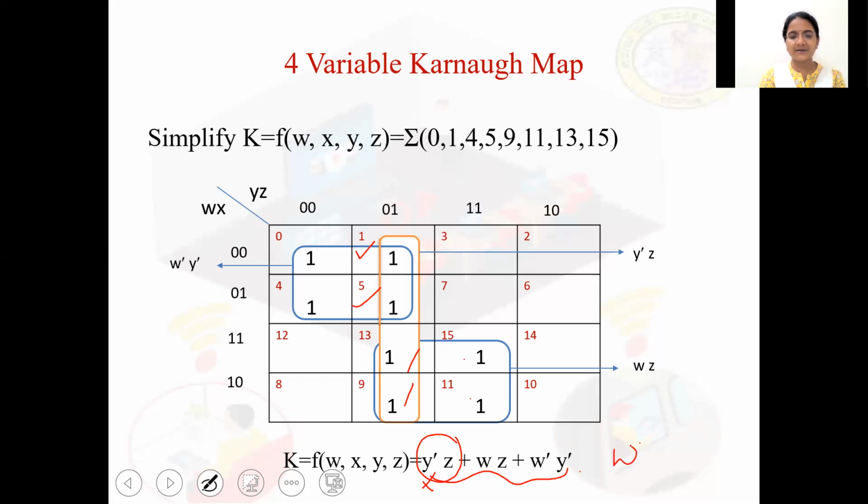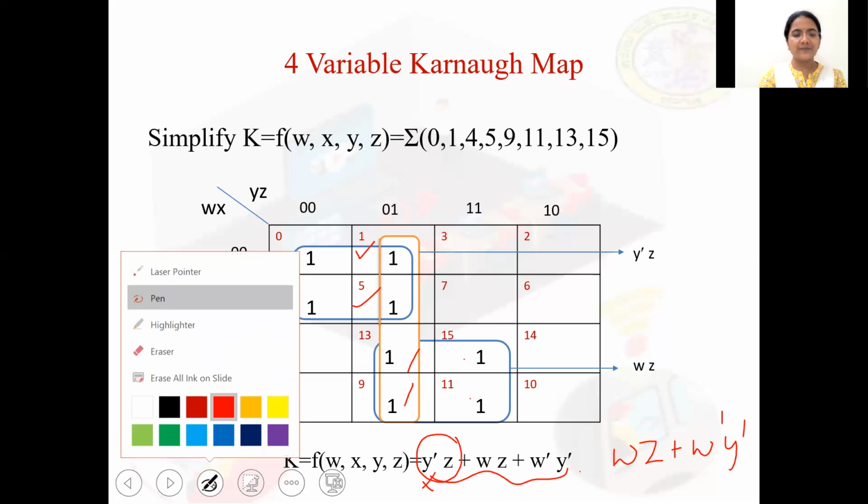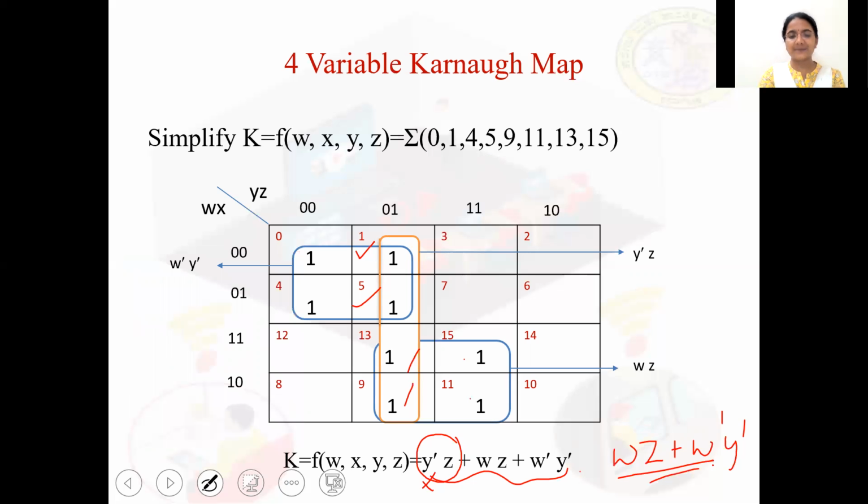The final expression is WZ plus W bar Y bar. If they ask you to write all the prime implicants, then we can consider this. If they tell us to simplify the expression, then we have to write this one. We should not have redundant terms in the final expression.